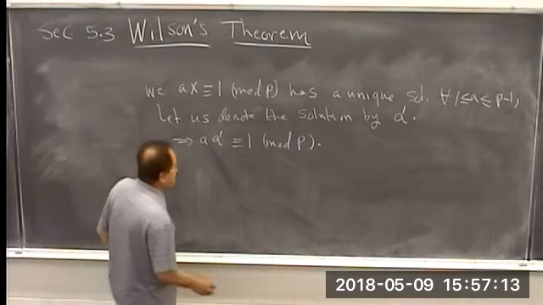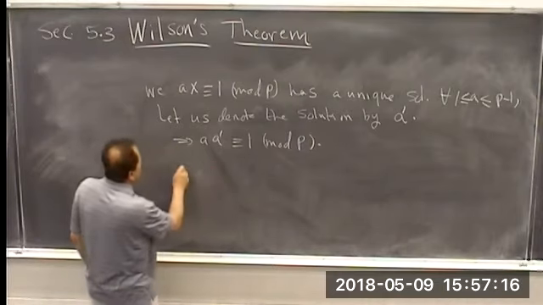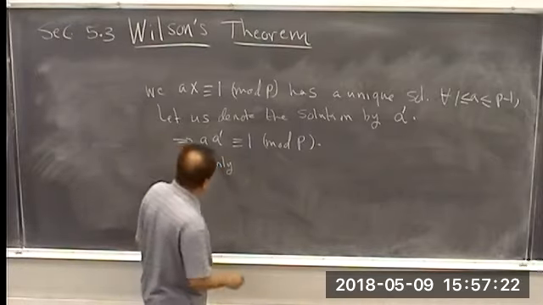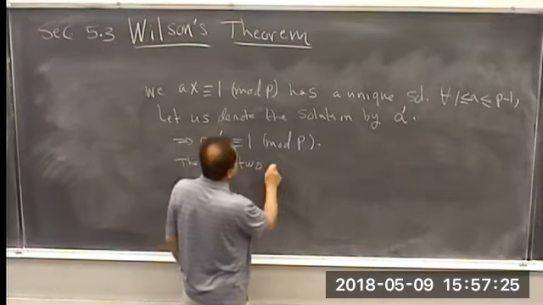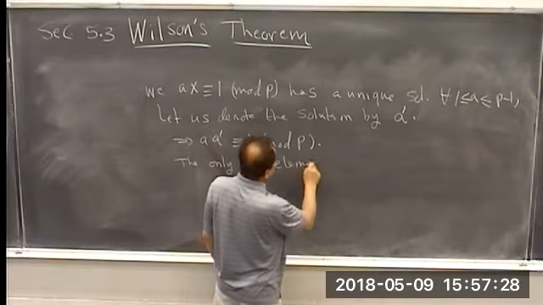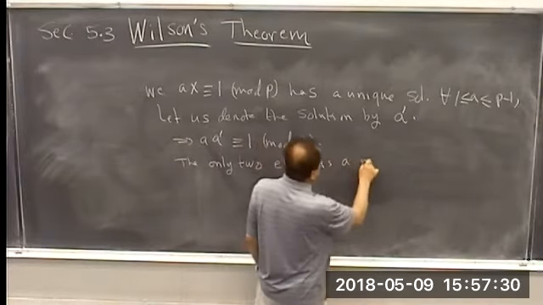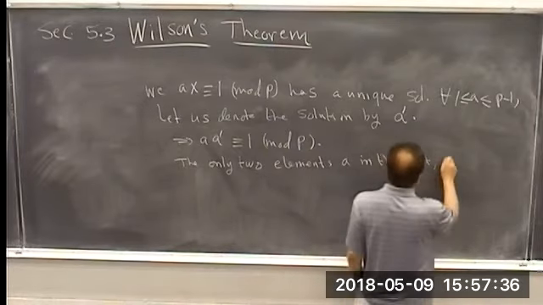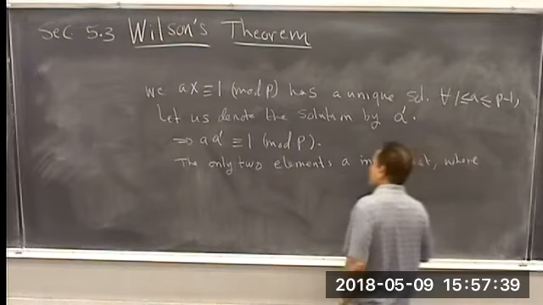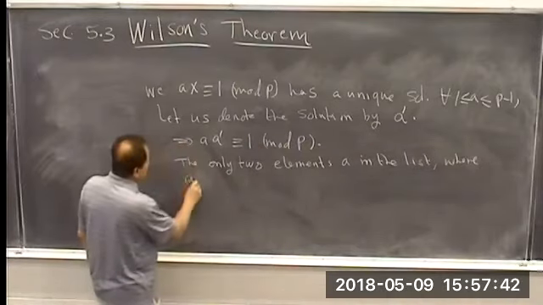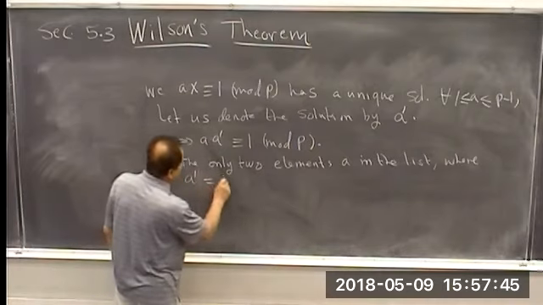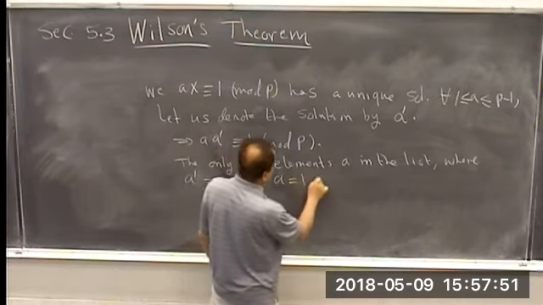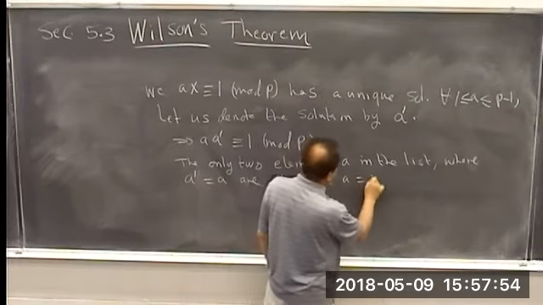So the question is, which are the only two elements a in the list where a prime equals a? They are a equal 1 and a equal p minus 1.